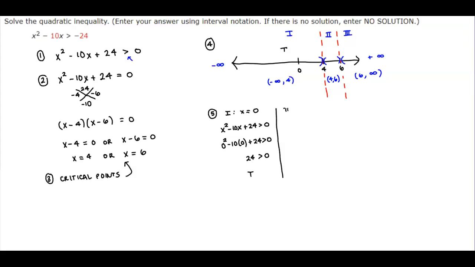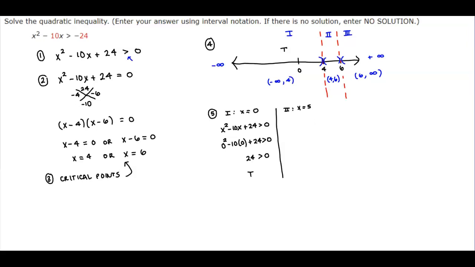If we take a look at region number 2, if we pick a value in between 4 and 6, we can pick 5. So again, using the inequality x squared minus 10x plus 24 to see if that's greater than 0. Now, let me pause here. Do we have to use that inequality?